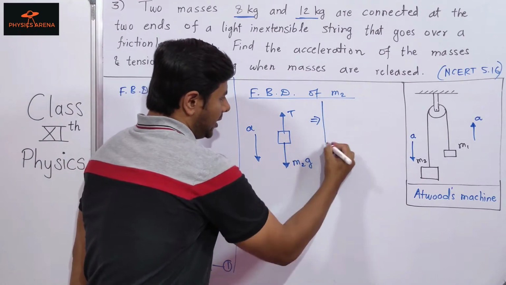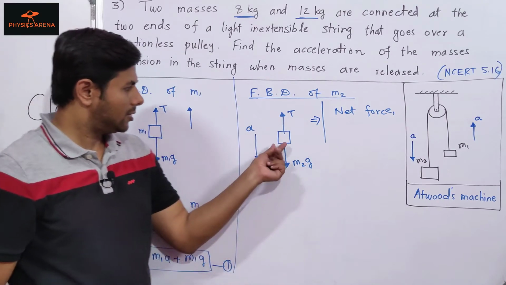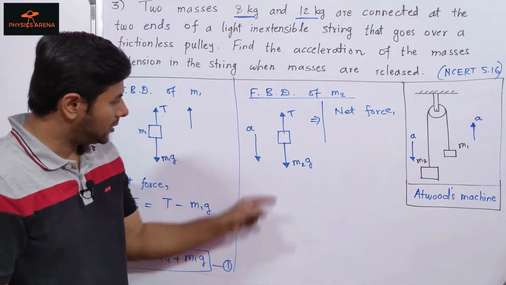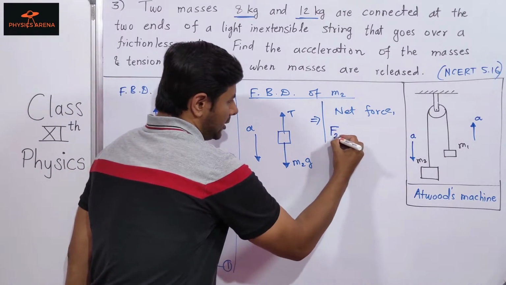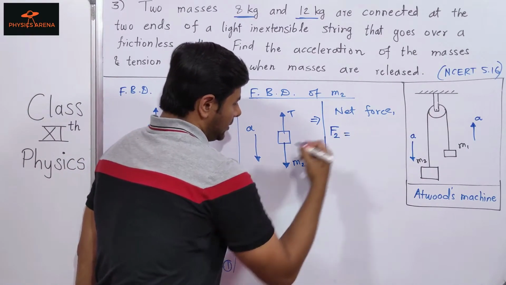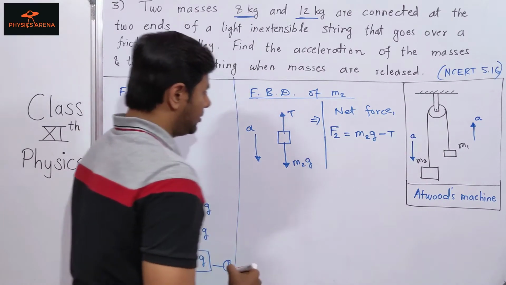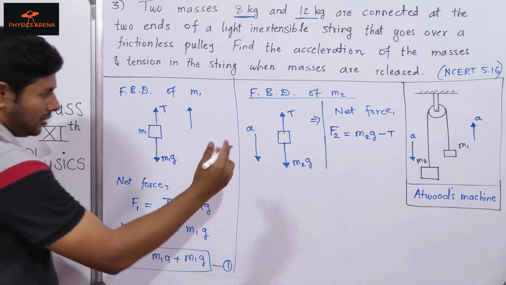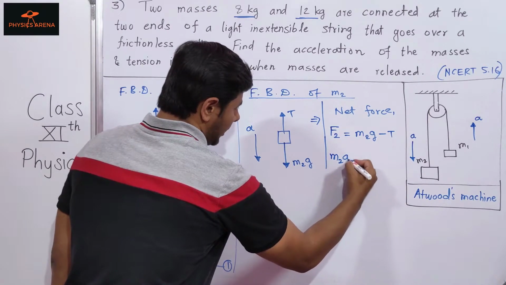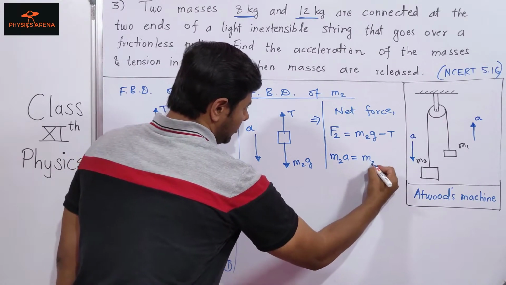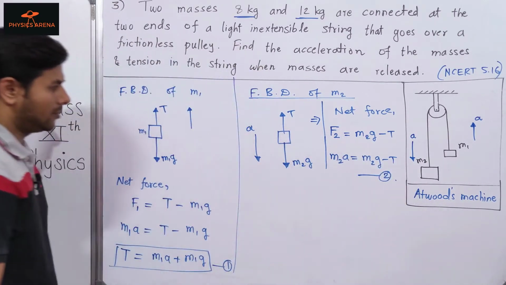So I can say the net force on this mass m2, let's call it F2, is equal to m2 times g minus T, the tension in the string. Then F2, I can write as m2 times A, and it is equal to m2 times g minus T, and this is my equation number 2.